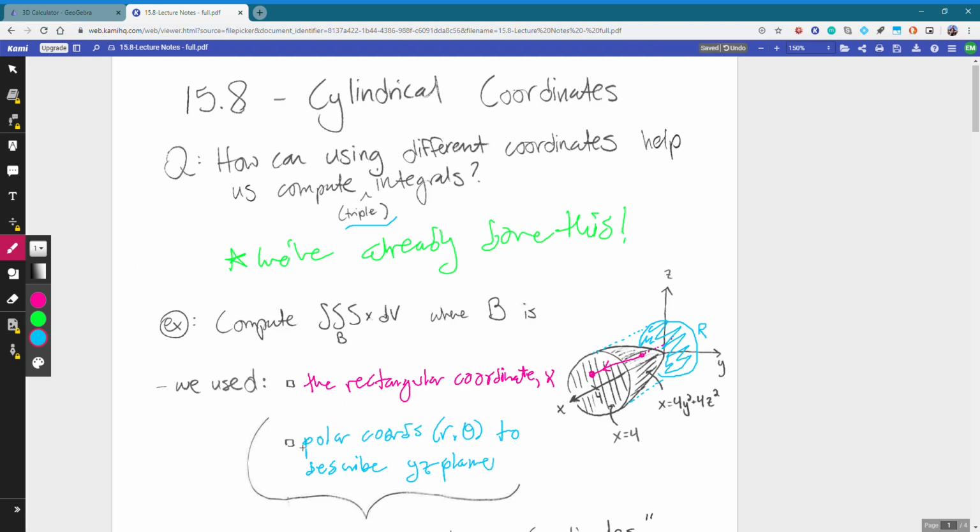And this is the idea of what is called cylindrical coordinates.